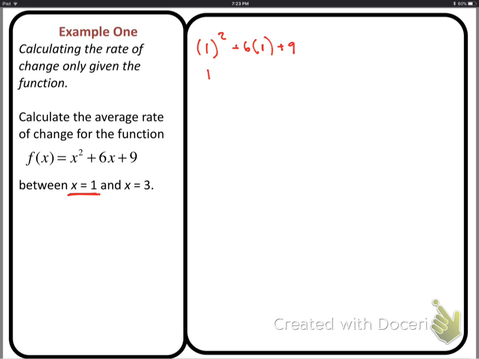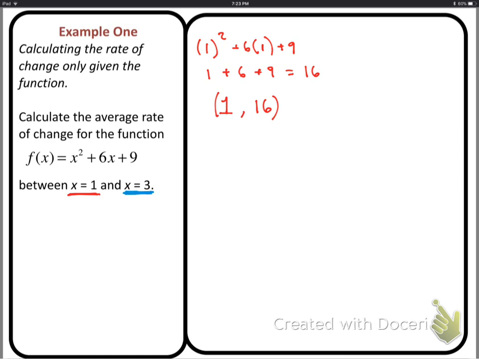We have 1 squared is 1, plus 6 times 1 is 6, plus 9. That gives us 16. So when we plugged in 1, we got 16, and I'm going to write that quite big. Now looking at the next one, x equals 3.